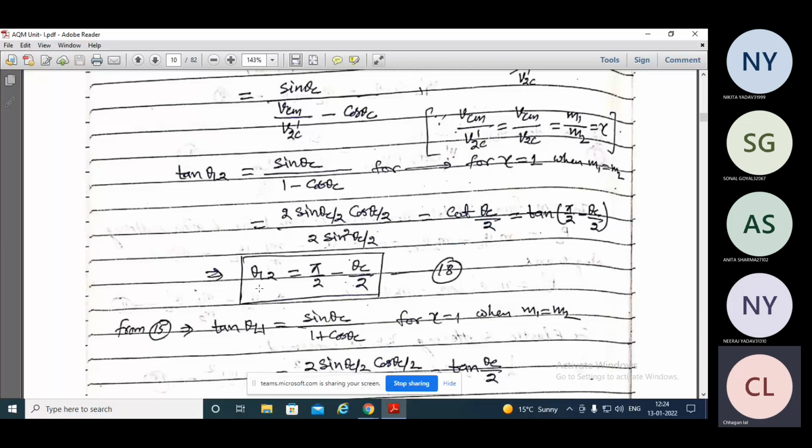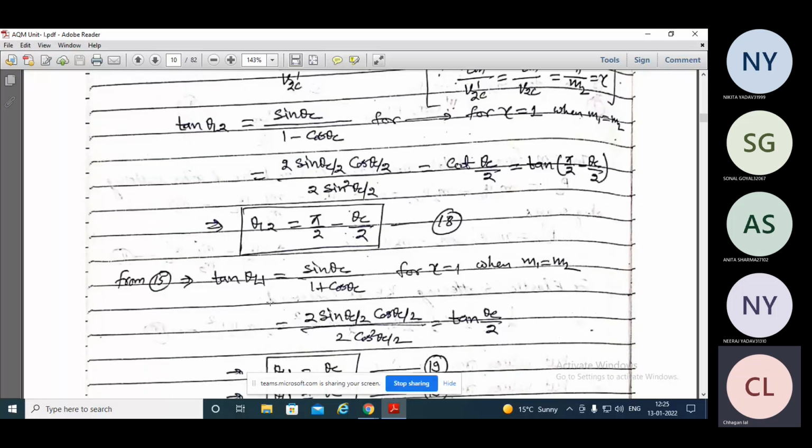So we can write here theta L2, or we can see the scattering angle for the second particle in the laboratory frame in terms of the scattering angle in the C frame. तो आप इसको यहाँ से देख सकते हैं, pi by 2 minus theta C by 2. तो यहाँ पर जो टर्म आ रही है उनको आप चेक करें। तो ये जो इक्वेशन आ रही है, इसी इक्वेशन से आप tan theta L1 भी निकाल सकते हैं.